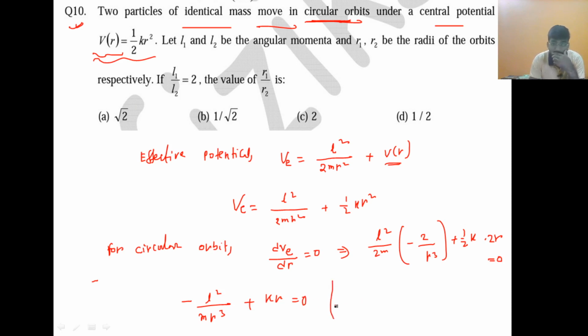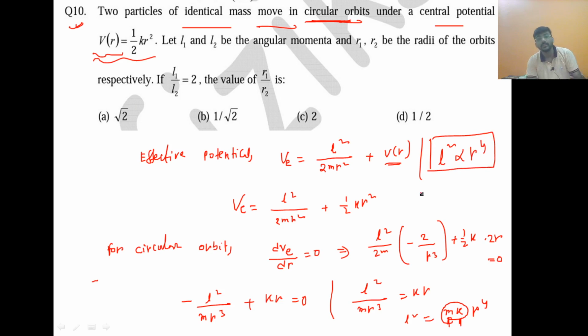So from here L square over m r cube is equal to k r. So L square is equal to m k r to the power 4, but here m and k are constants. So L square is proportional to r to the power 4. This is the relation between L and r for circular orbit.